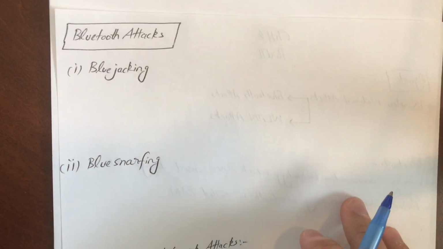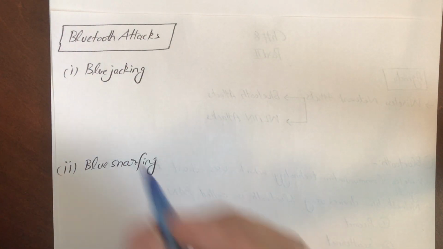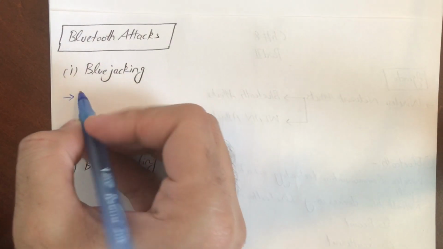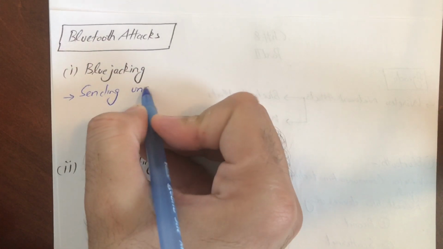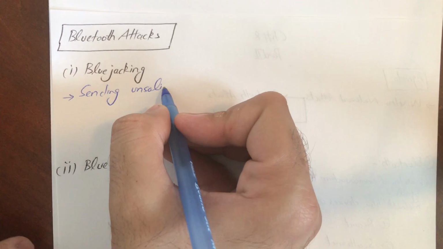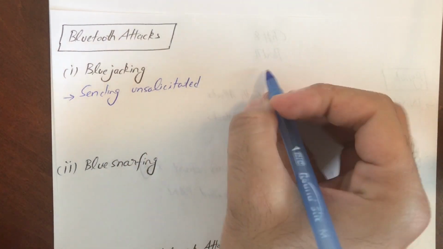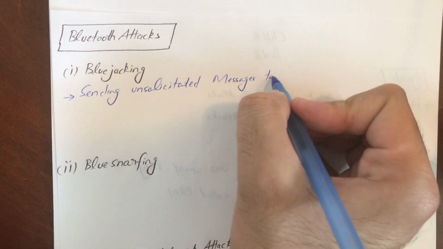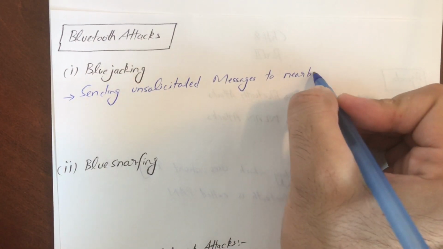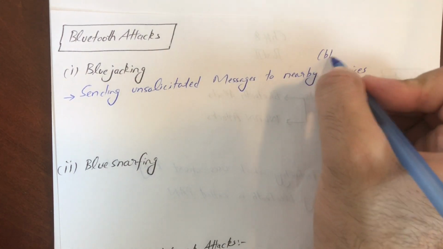Now, attacks in Bluetooth: there are mainly two types. One is called bluejacking. The second is bluesnarfing. Bluejacking is a harmless attack. It is just sending unsolicited Bluetooth messages to nearby Bluetooth enabled devices.